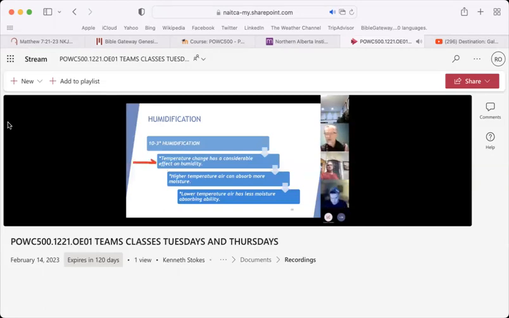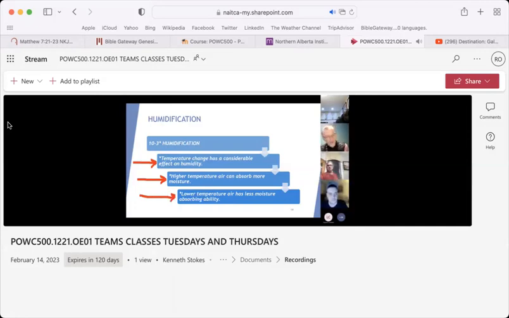Temperature change has a considerable effect on humidity. If the air is warmer, higher temperature air, it will absorb more moisture. If the air is colder, the air will have less moisture absorbing ability.